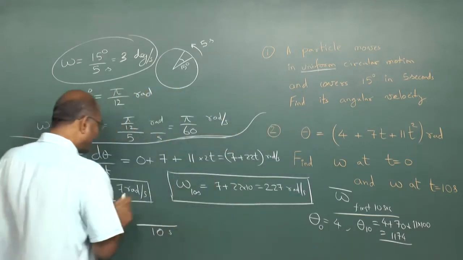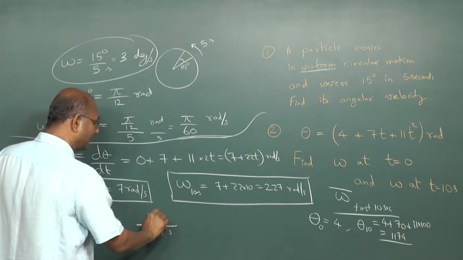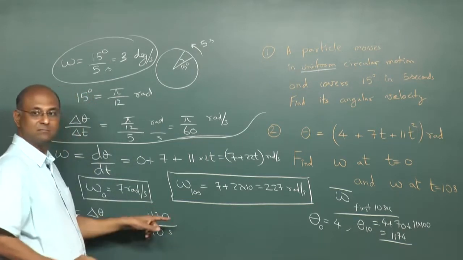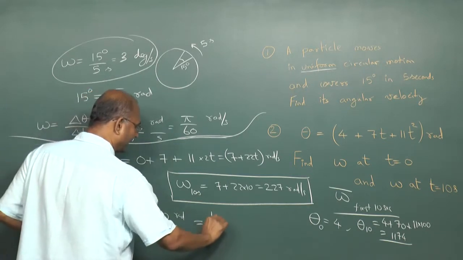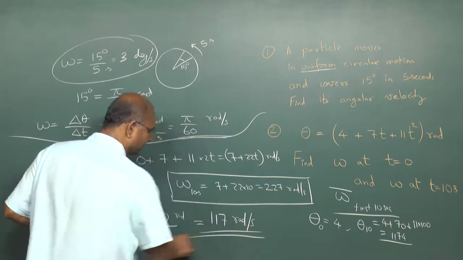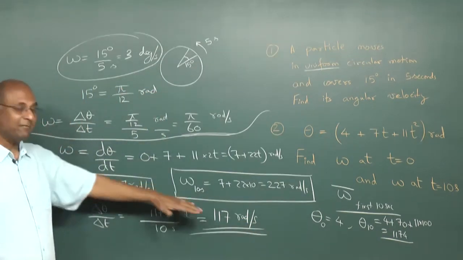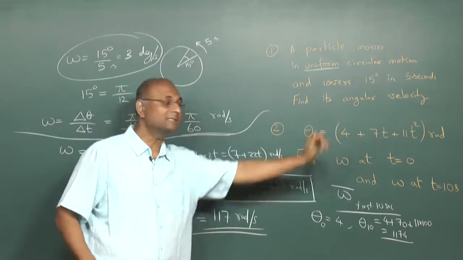So if I look at delta theta, it is 1174 minus 4, so 1170, right, radians. So if I divide the two, I'm going to get 117 radians per second. This is the average angular velocity during the first 10 seconds.